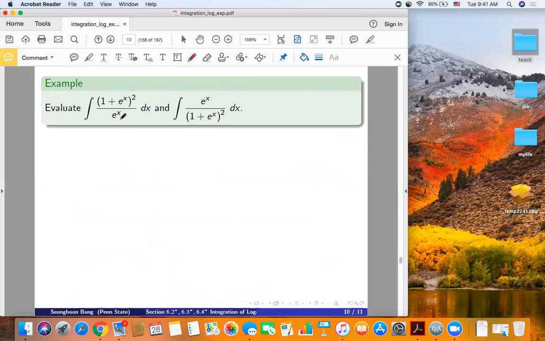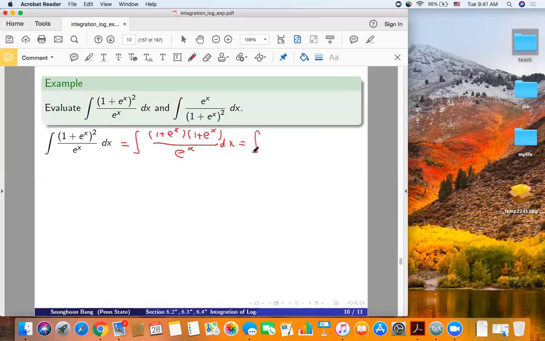So what happens? The bottom one is only one term. The top one has several terms. In this case, you have to expand. Do you know the expanded form? The numerator is like this: integral of (1 plus e to the x) times (1 plus e to the x) over e to the x dx.